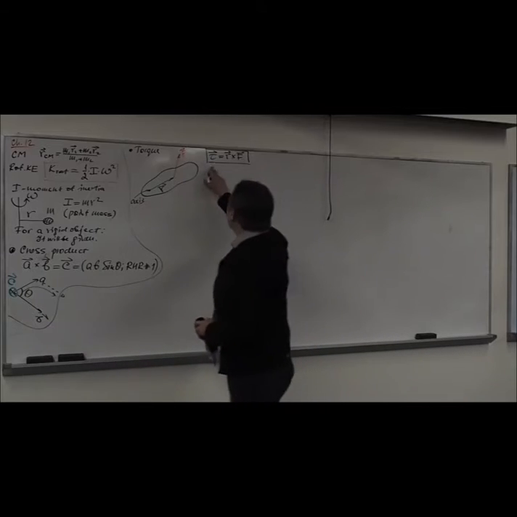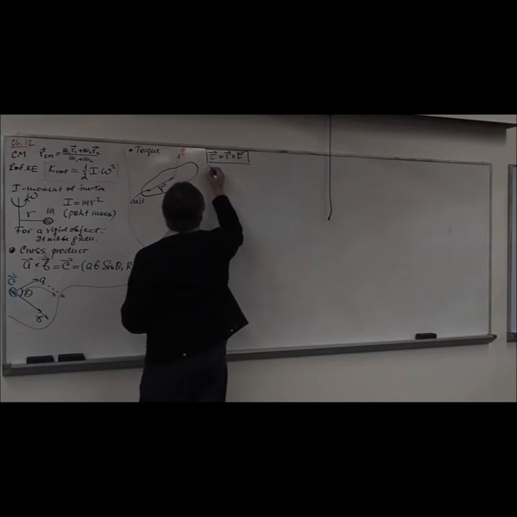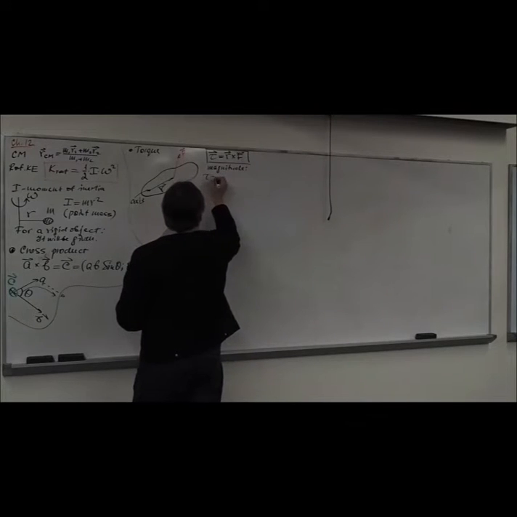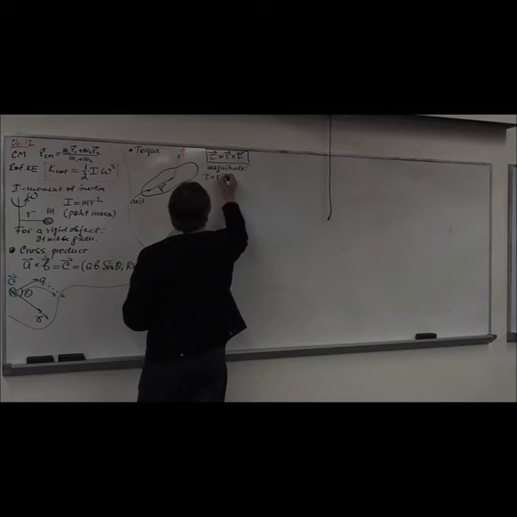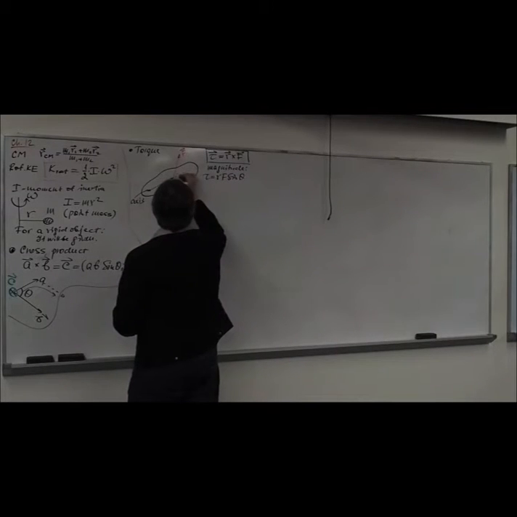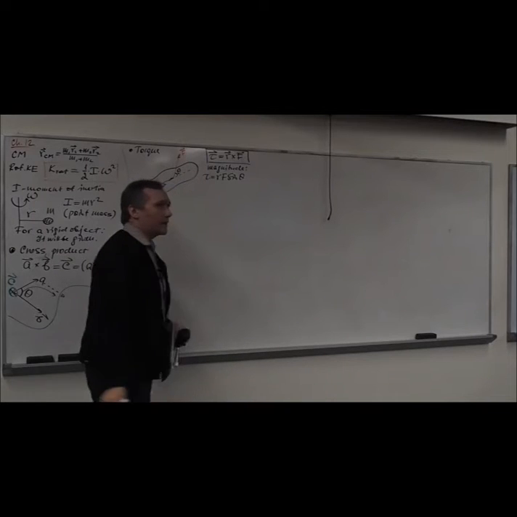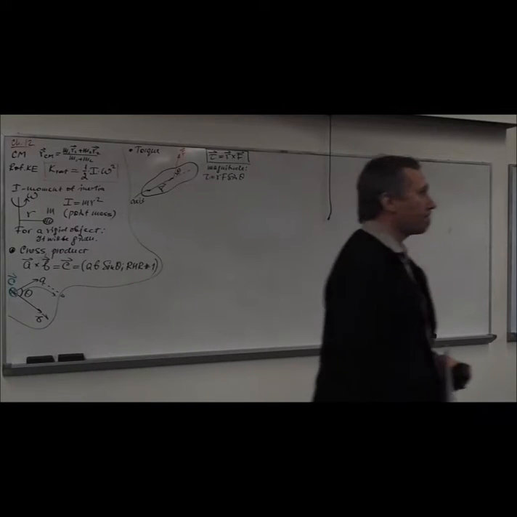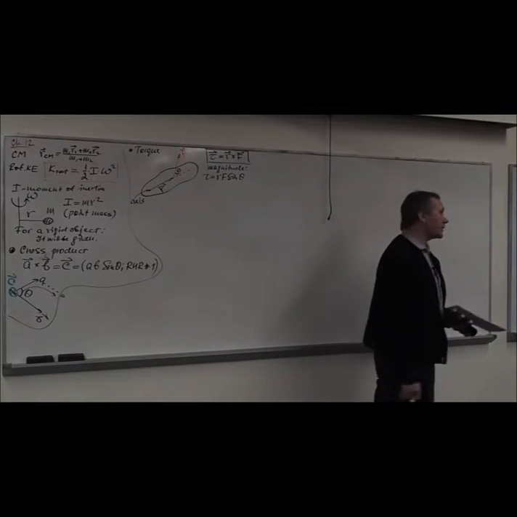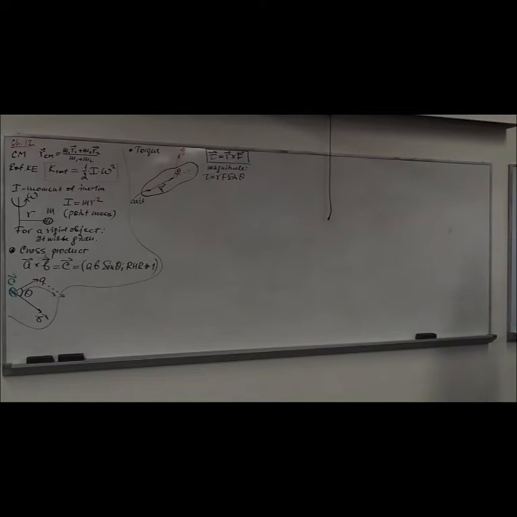Now, how can we calculate the magnitude of this torque? The magnitude is the magnitude of the first vector times the magnitude of the second, times the sine of the angle between them. Strictly speaking, I'm talking about this angle theta. Or, as I told you several times, we can use this trick, which can simplify our calculations slightly.